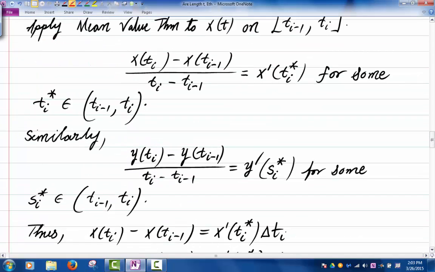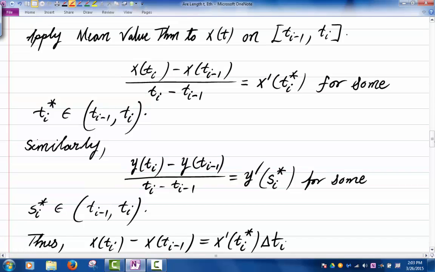The average rate of change of y over the time interval is the same as the instantaneous rate of change of y at some number in that interval. So what am I going to do then?